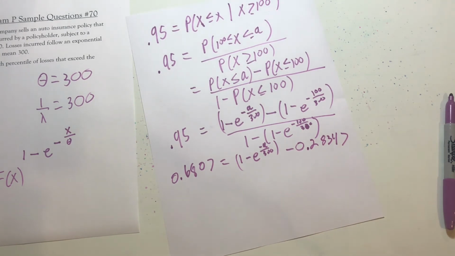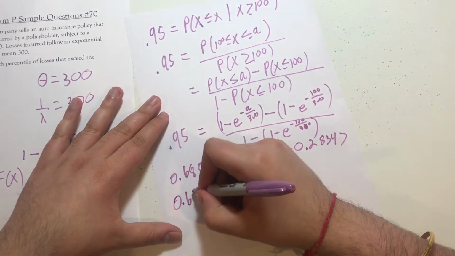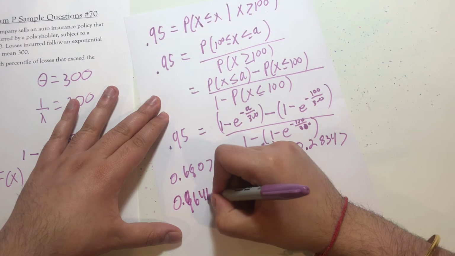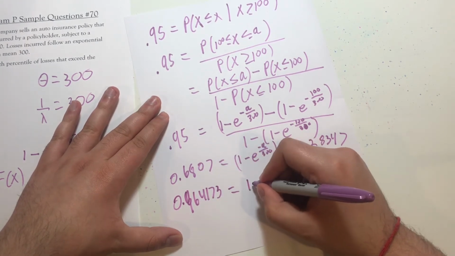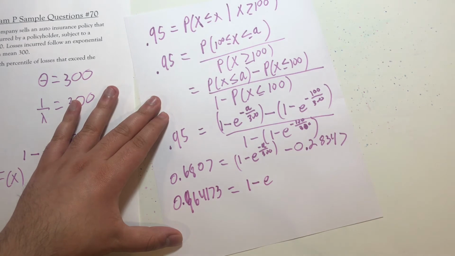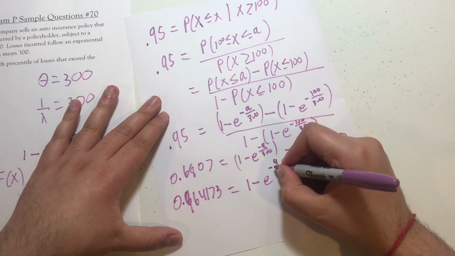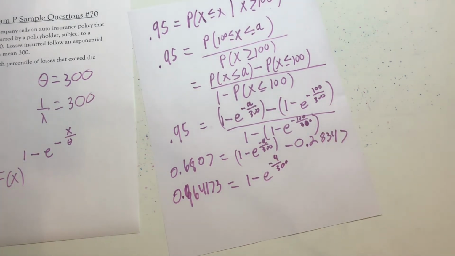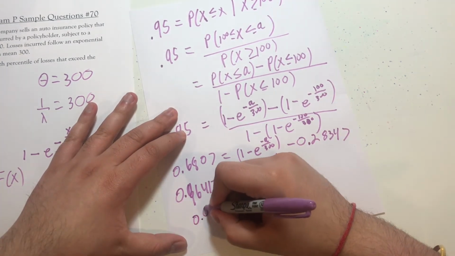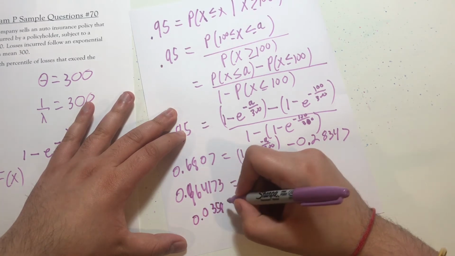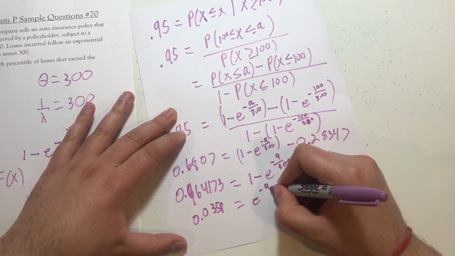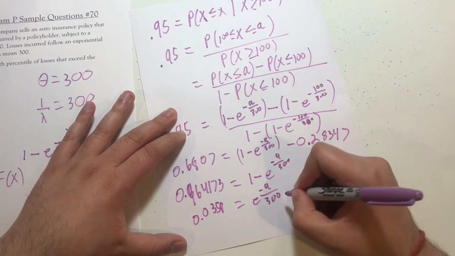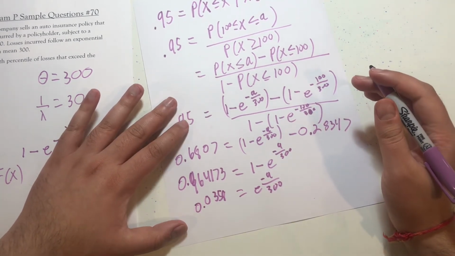Okay. Now what I've got to do is add this to both sides, and I get 0.964173 is equal to 1 minus e raised to the negative a over 300. Bringing the 1 and the negative sign over to the other side is 0.0358 is equal to e to the negative a over 300. And I'll take the natural log of both sides.